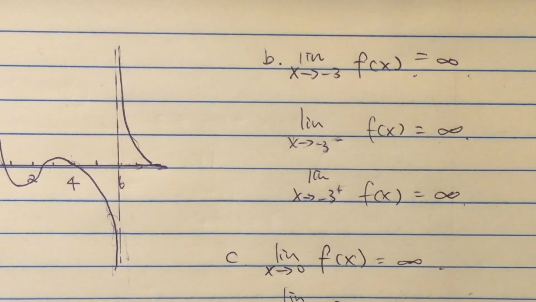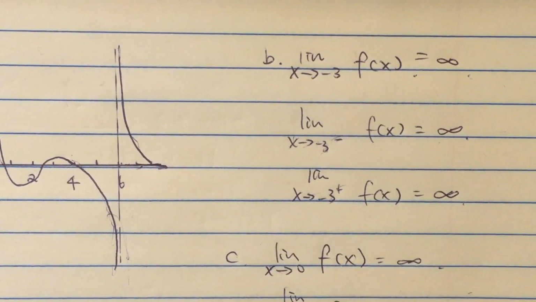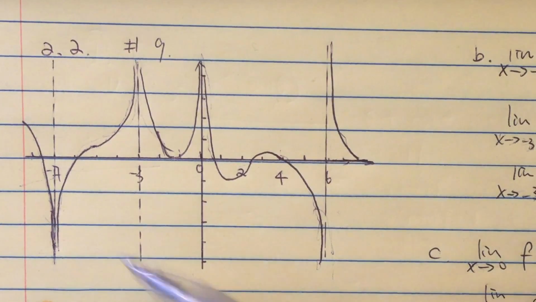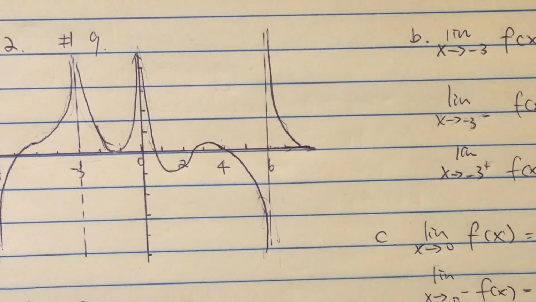Okay, for question C, we need to find the value of f(x) when x approaches 0. It's the same as the previous two questions. We need to find the value of f(x) as x approaches 0 from the left and right sides.